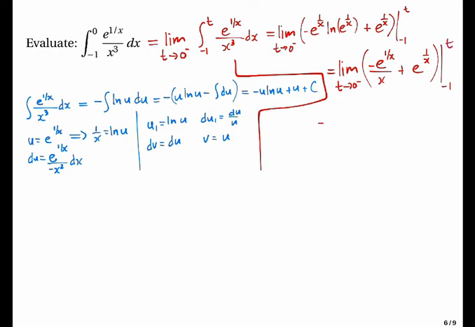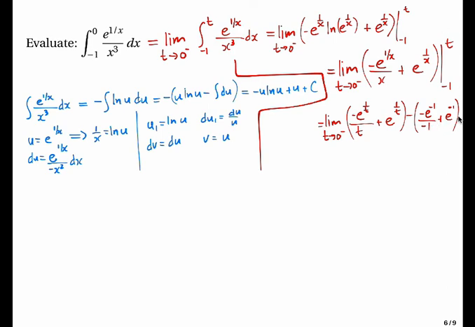And this is equal to the limit as t approaches 0 from the left. At t, we will have minus e to the 1 over t divided by t plus e to the 1 over t. And then at negative 1, minus at negative 1, we will have minus e to the negative 1 over negative 1 plus e to the negative 1.